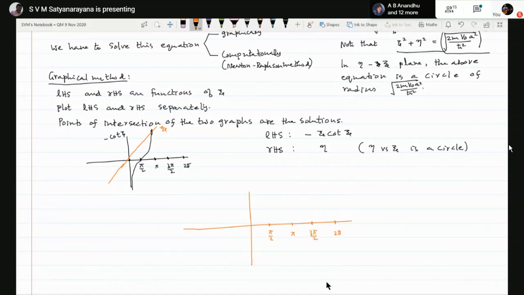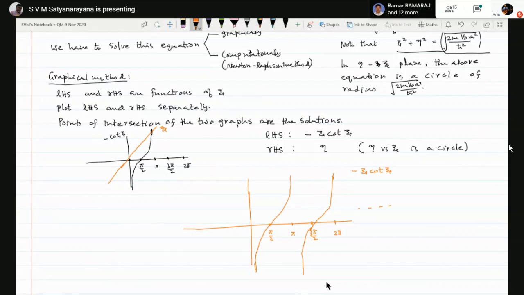You can see that it is going to minus infinity, 0, and then it will go to infinity. So it will again go like this. It goes on and on and on. What I have drawn is minus xi cot xi.